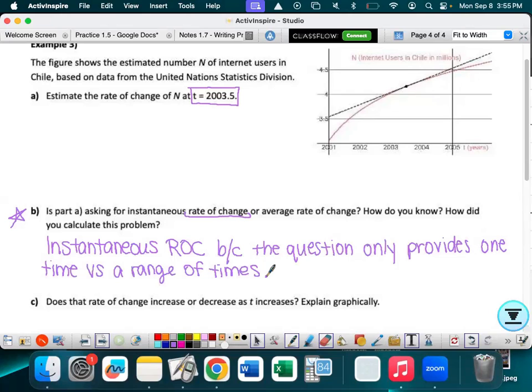And then how are we going to figure out this problem? So how would I calculate the instantaneous rate of change? At this point, we just have to estimate it.